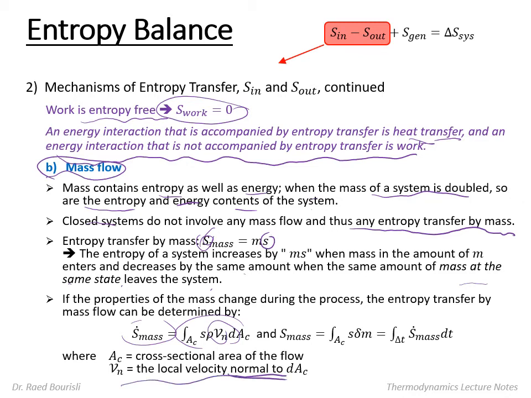The entropy transfer by mass is the integral across the whole cross-sectional area, given by the normal velocity, and you can integrate this with respect to time, and it'll give you the entropy transfer by mass contribution.